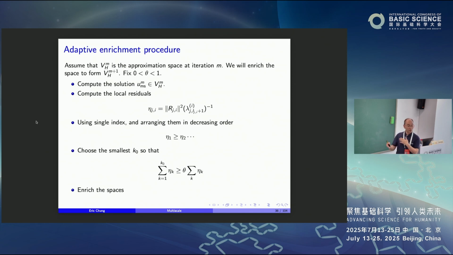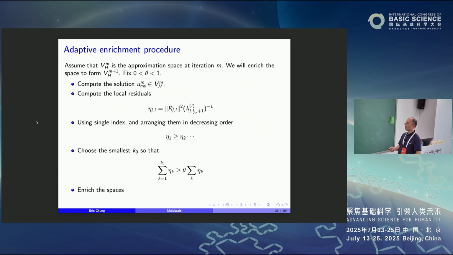So we basically perform this type of iteration. Say at some step m, you have some space V_m, and then in the space V_m, you can compute some solution that is called u_m.